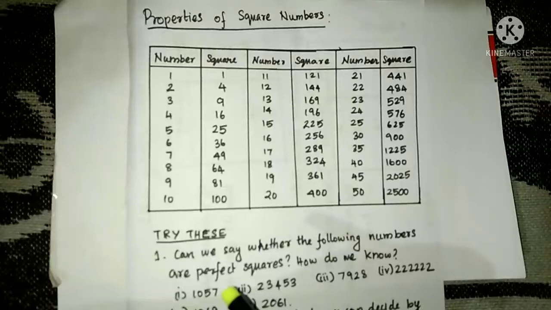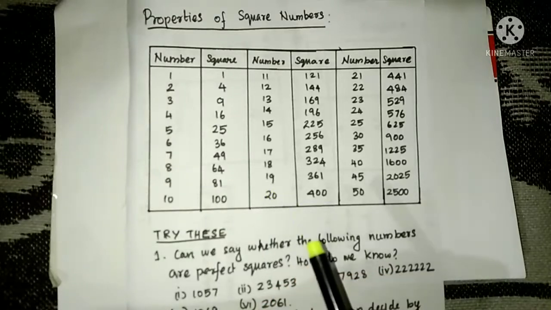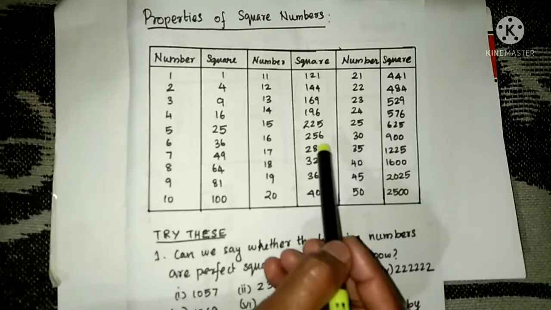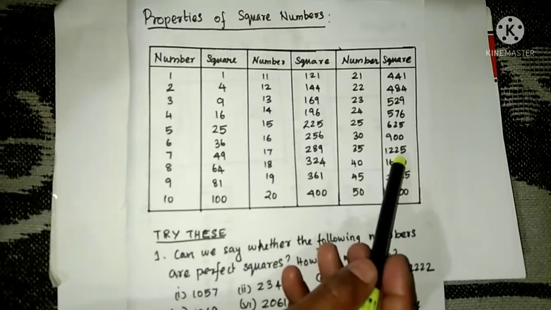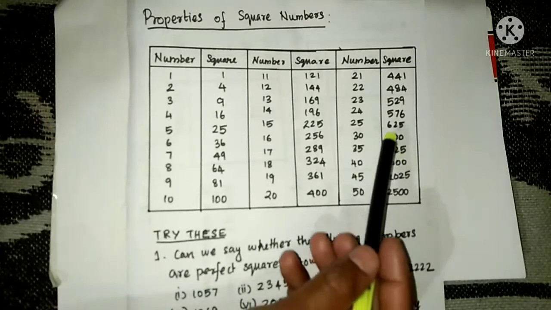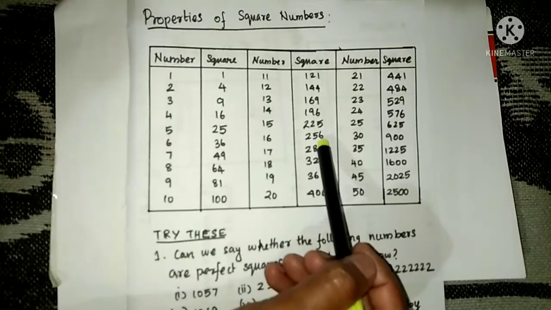Pause the video and study the numbers in this table. What are the ending digits? That is, the digits in the ones place. For example, if you take 1225, the ending digit is 5. Here 256, the ending digit is 6.